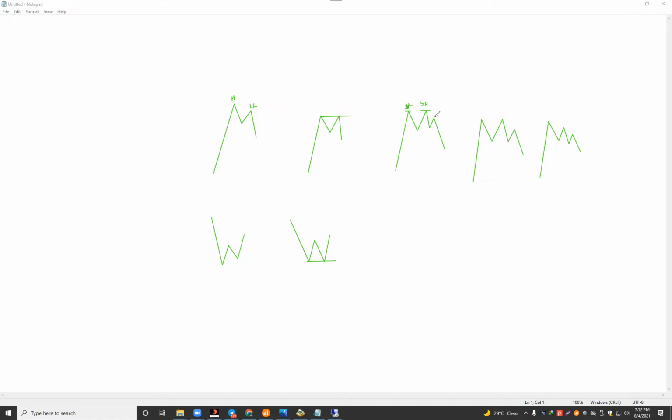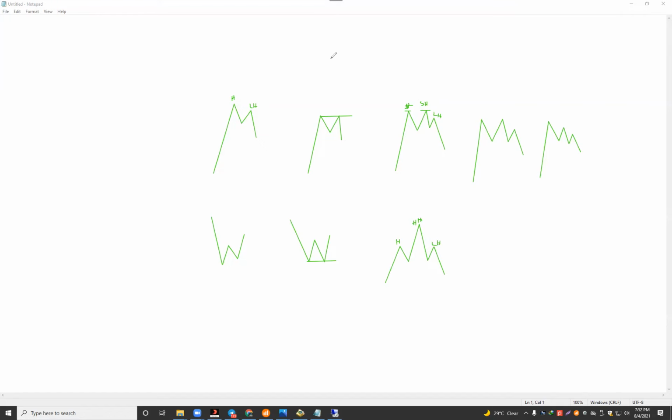And the third top is a lower high. In a head and shoulder pattern, you will find a high, a higher high, and a lower high.